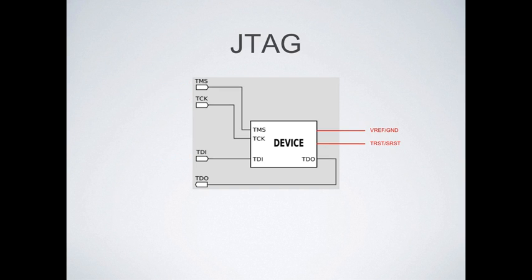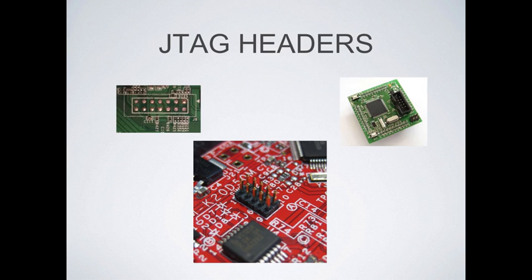Then there are two more not shown here. One is ground for reference. You need a ground to tell how far from ground your voltage is varying, to tell whether a 1 or a 0 is being transferred. Then you have the test reset and software reset lines. Usually you don't really care about those. All you really care about is the clock, TDI and TDO.